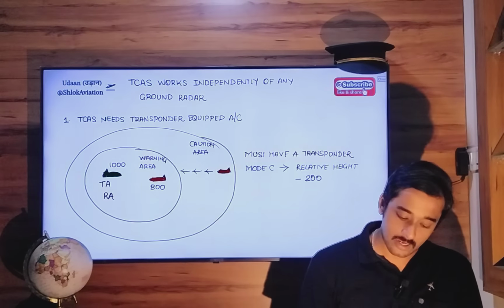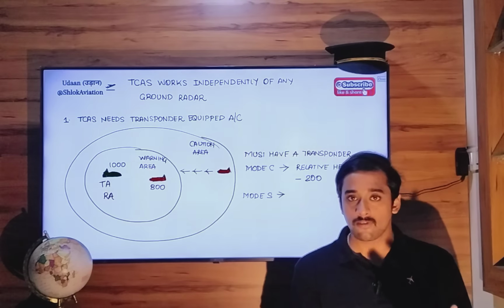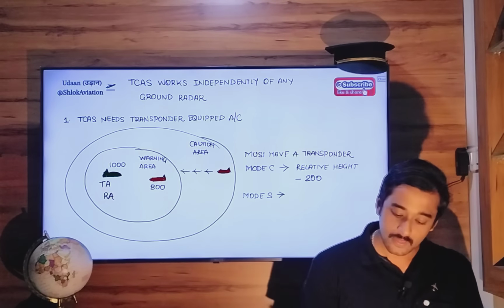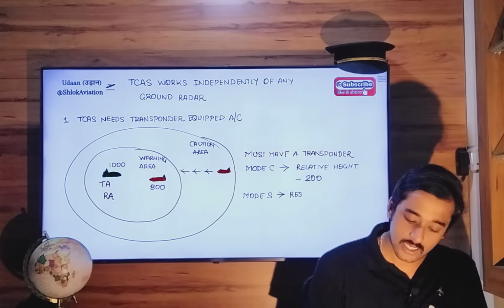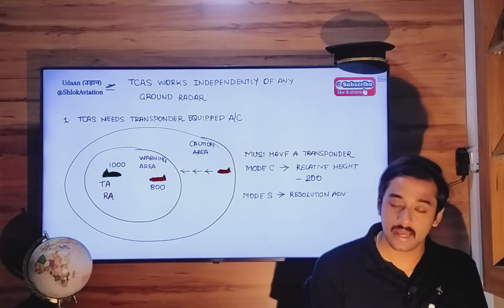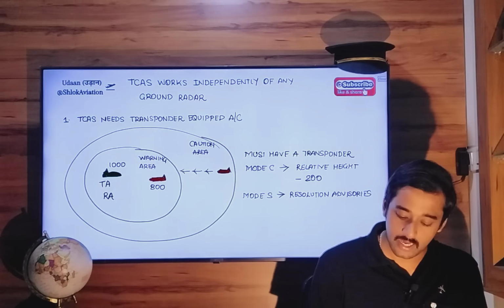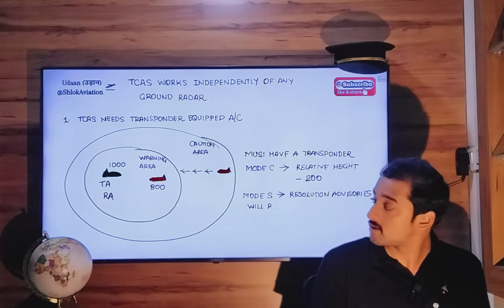If the air traffic which is coming head on in front of you has a mode S transponder and your aircraft is also equipped with a mode S transponder, then the resolution advisories of both your aircraft and that traffic aircraft will be coordinated.